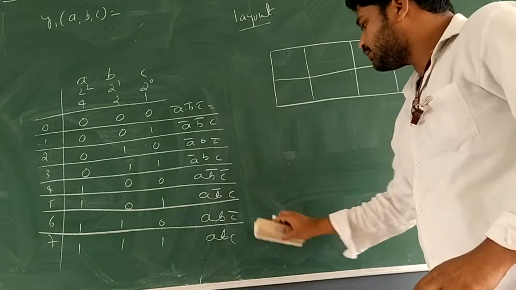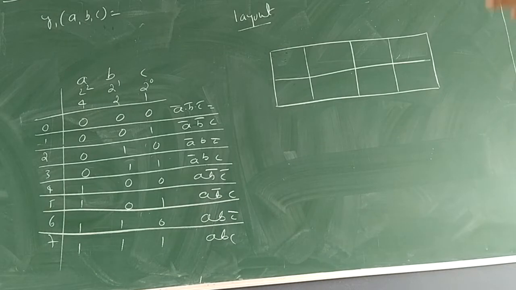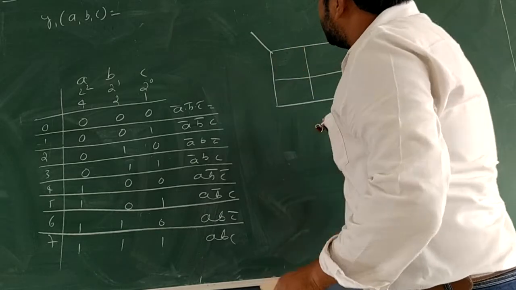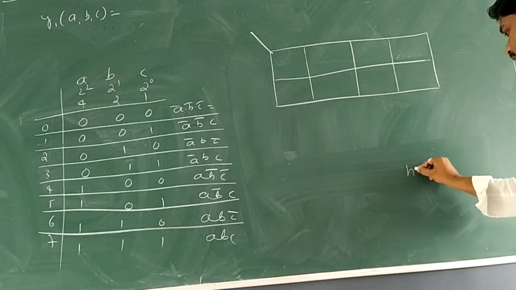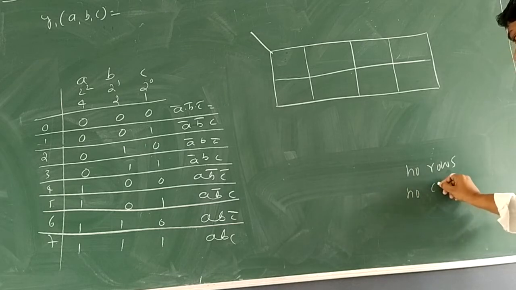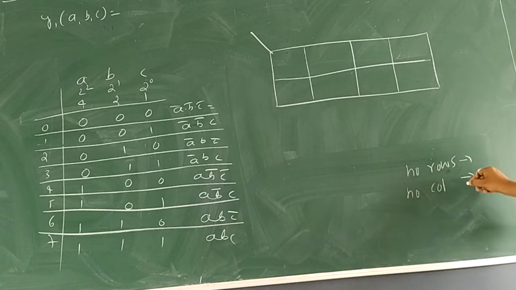Some authors will write a vertical K map also. That is also correct, but I prefer the horizontal K map. Now find the number of rows and number of columns.